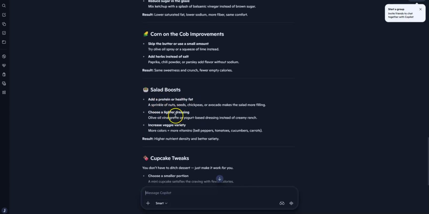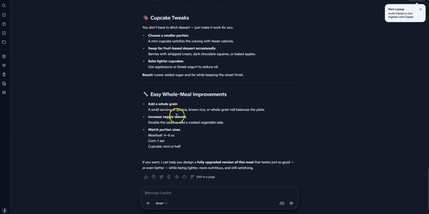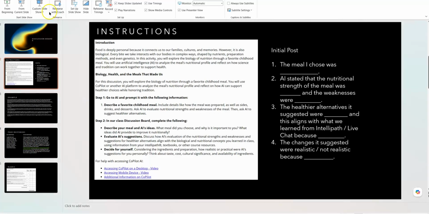Put a protein into the salad. We could get a smaller portion of the cupcake. We could swap for a fruit-based dessert. We could add a whole grain. So you don't have to list all of this, but you can list two or three things for each thing.